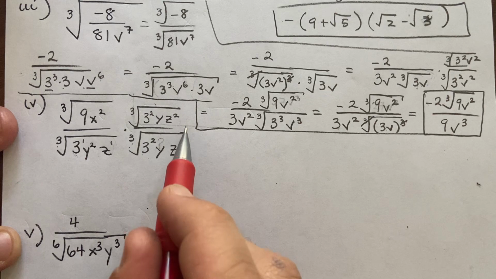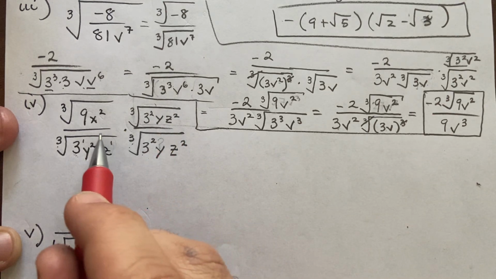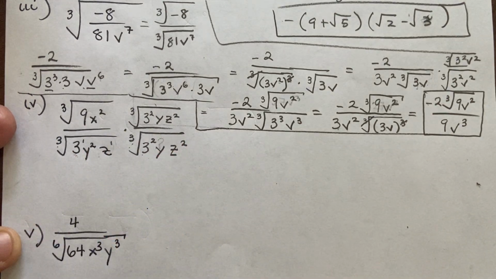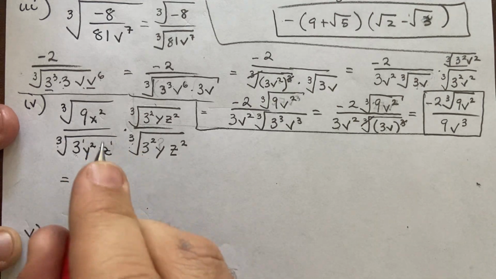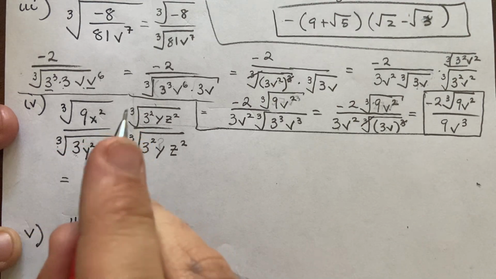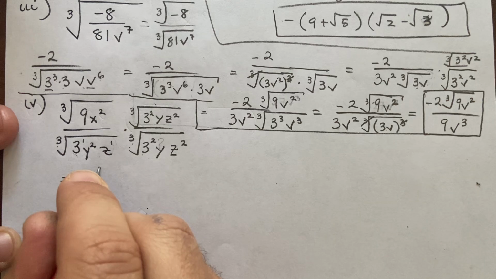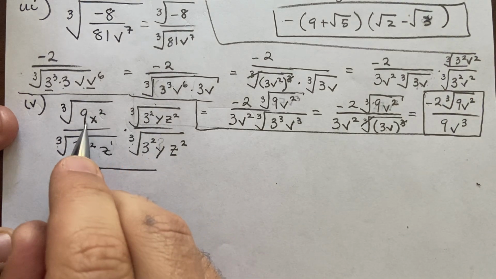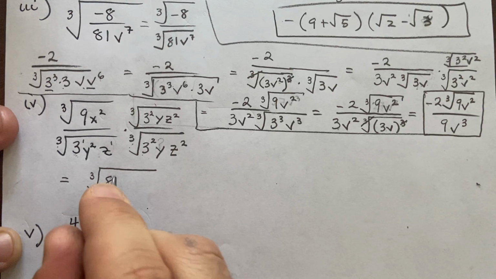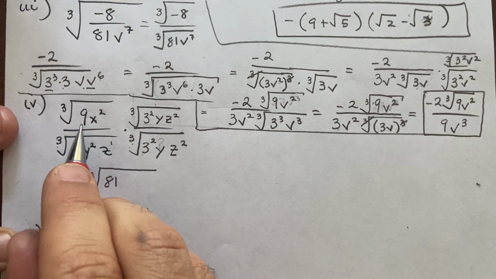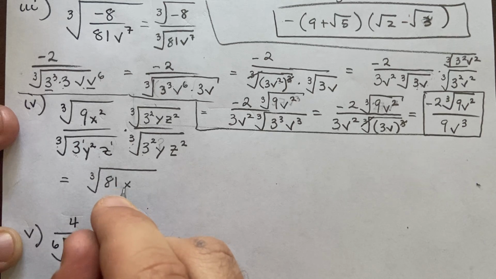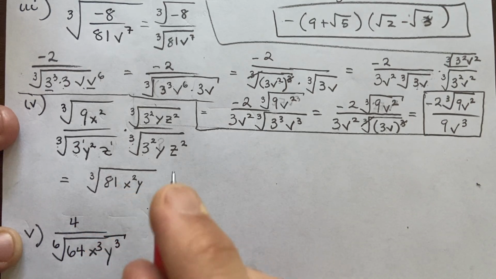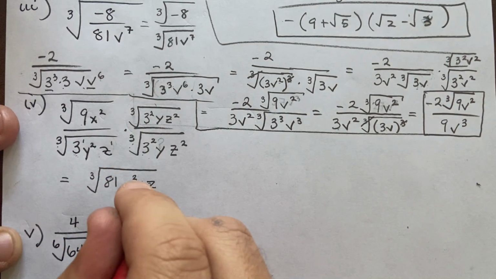And now this is my strange form of 1 that I'm multiplying this by to rationalize. So we have the cube root of, well, I'll go ahead and bring these together. This is the cube root of 81, right? 9 times 9, 81. And then I have x squared, y, z squared, right?